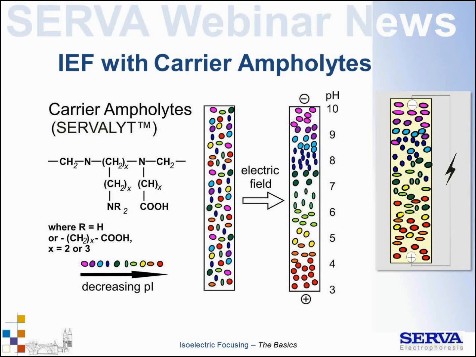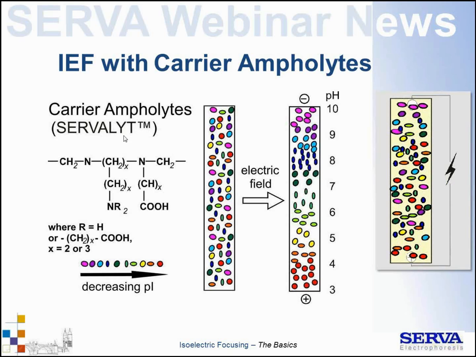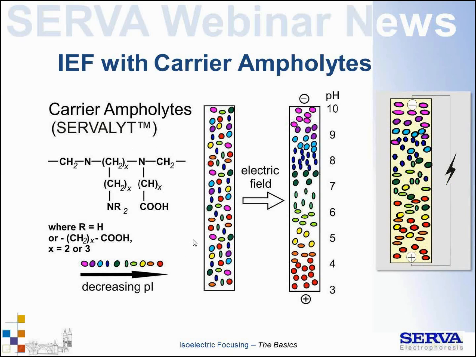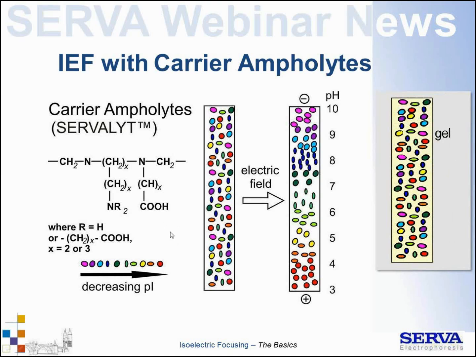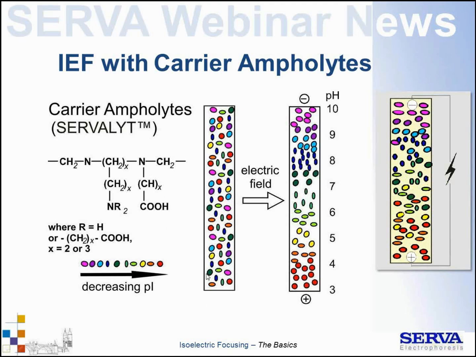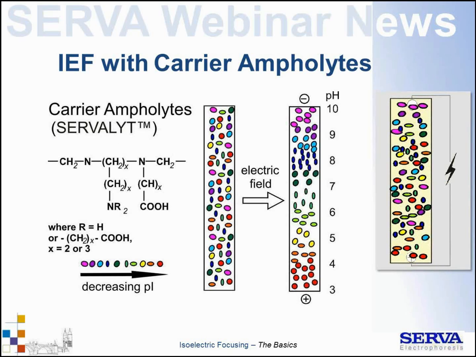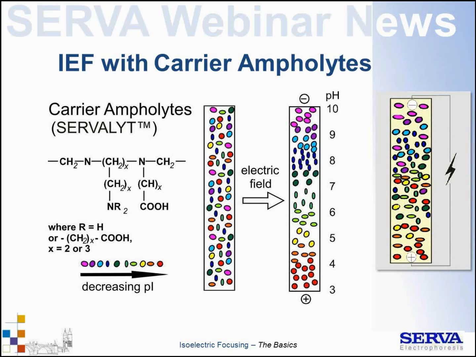LKB is no longer existing, and also the reagents are no longer on the market. But the company SERVA was indeed the second company who developed and produced Carrier Ampholytes, which are called Servalytes. So you see that SERVA has quite a history in this area, and that was done in the beginning of the 70s of last century.